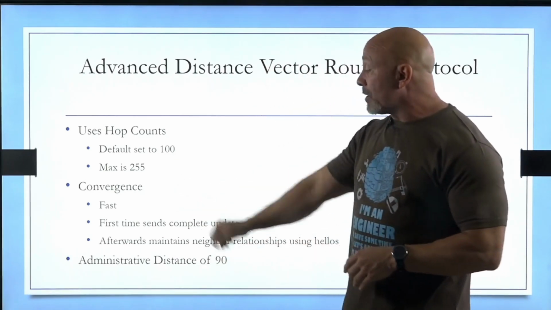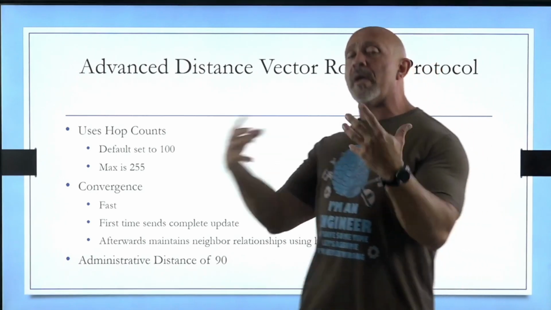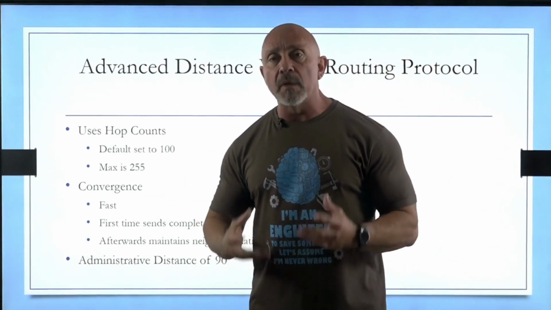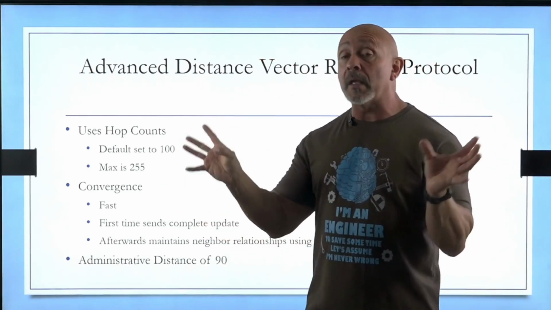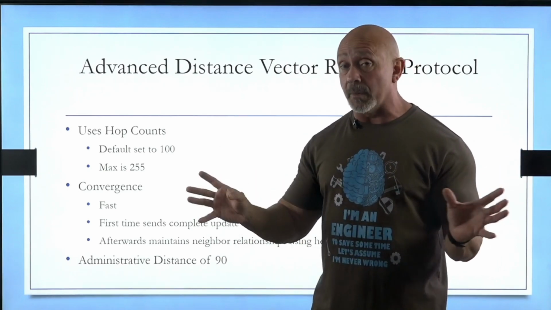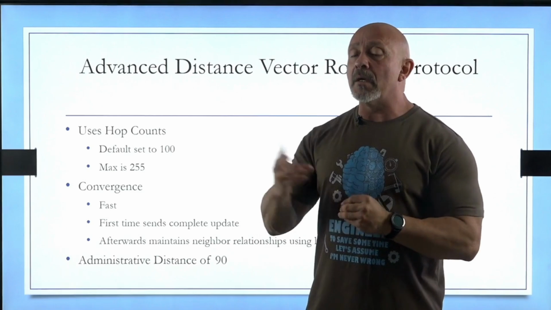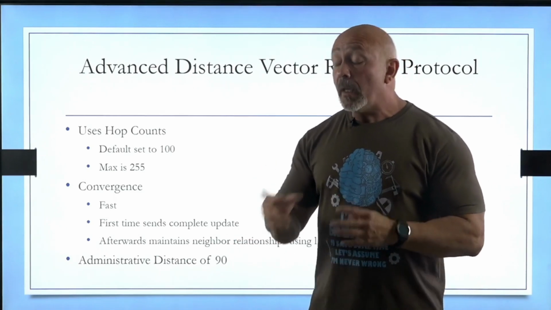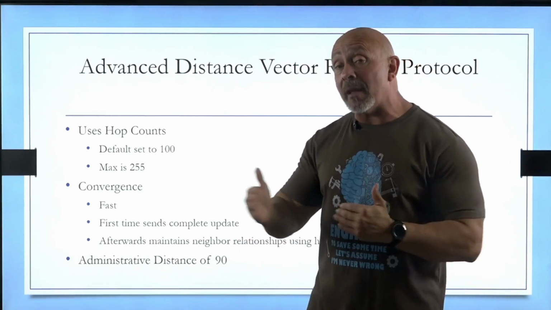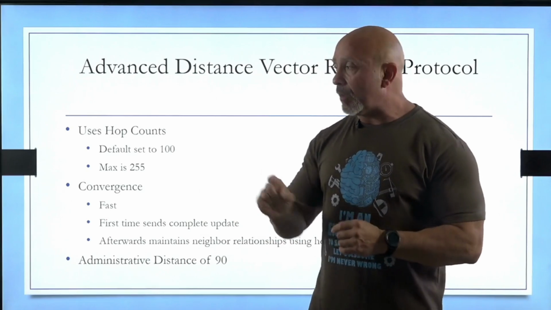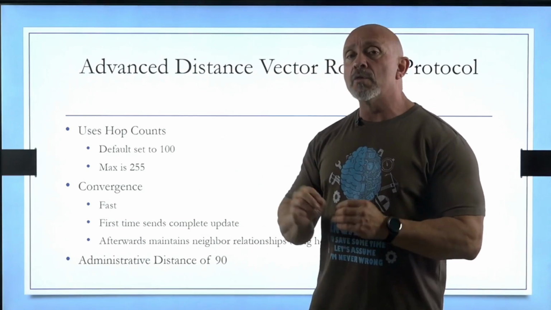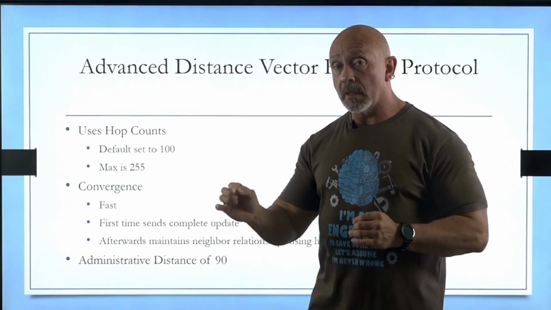All right, now the first time when it's trying to converge, what it's going to do is send out a complete update to its neighbors. And then it just sends updates as needed. It maintains that neighbor relationship with its neighbor router using hellos.